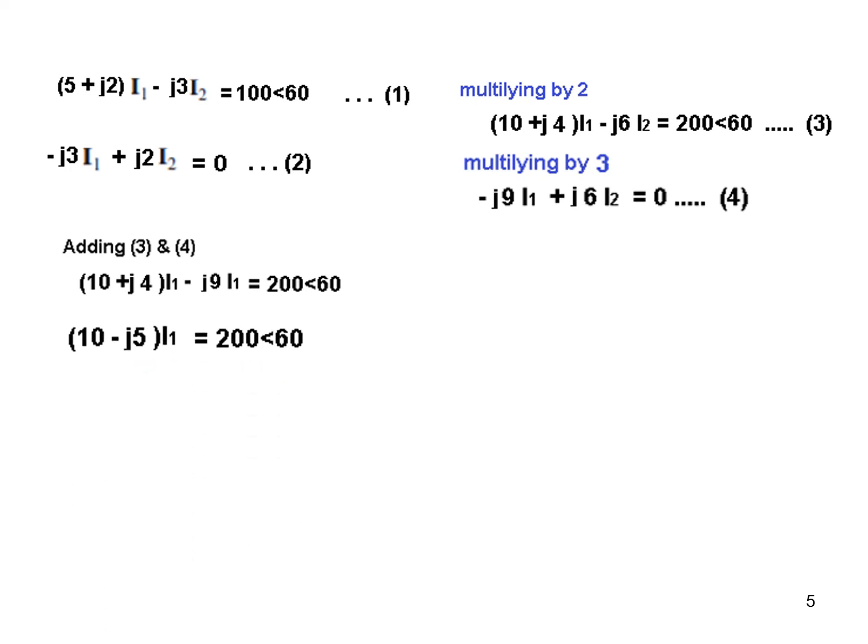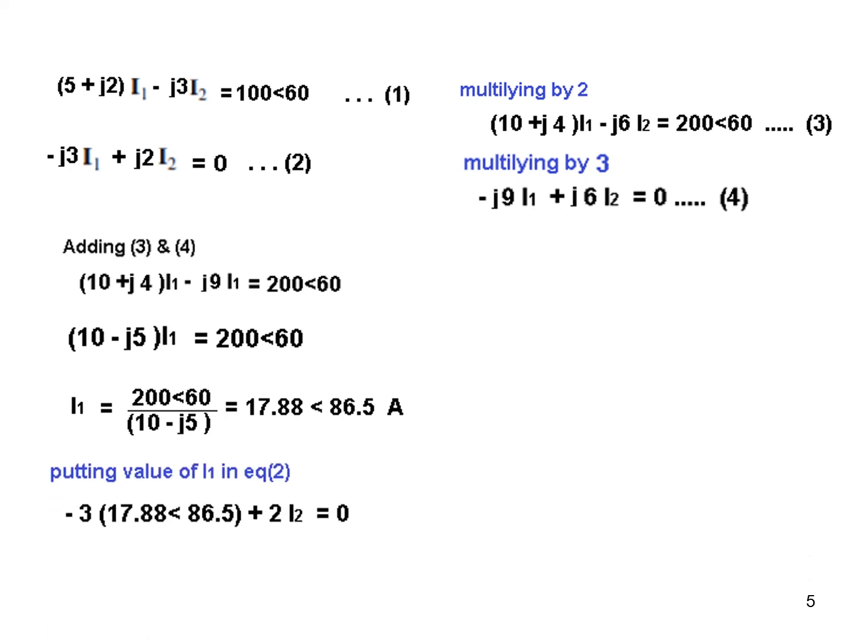Simplifying, I1 is 17.88, angle 6.5 amperes. Now putting the value of I1 in equation 2, we can get the value of I2. So I2 is 26.82, angle 6.5.